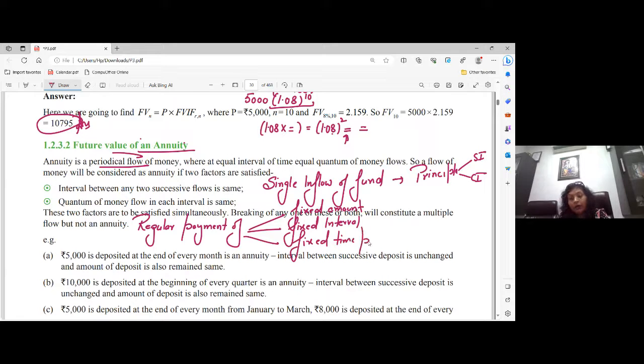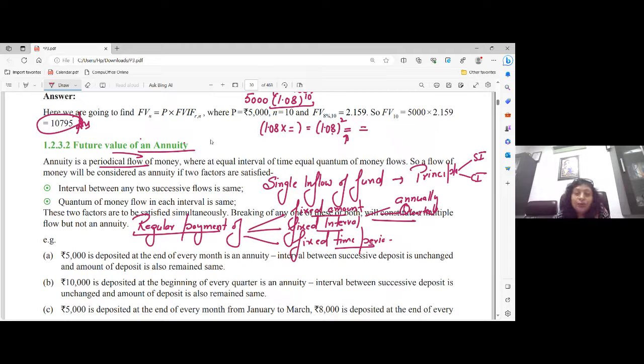This is called annuity. Regular payment means you are making payment regularly, periodically. Amount is fixed. Interval means whether you are paying it annually, quarterly, monthly, semi-annually. That interval should be fixed. Time period, for how many years you are paying it, for 1 year, 2 year, 3 year. So that is the concept of annuity.